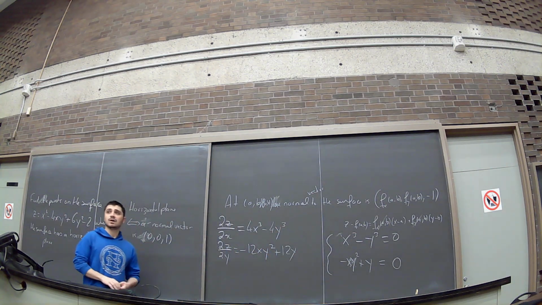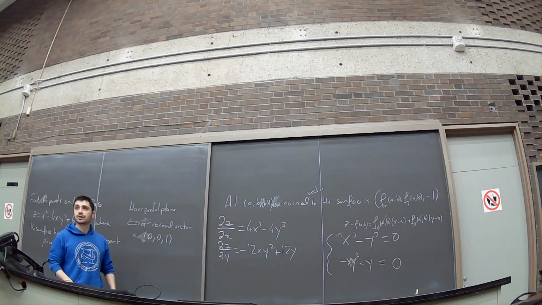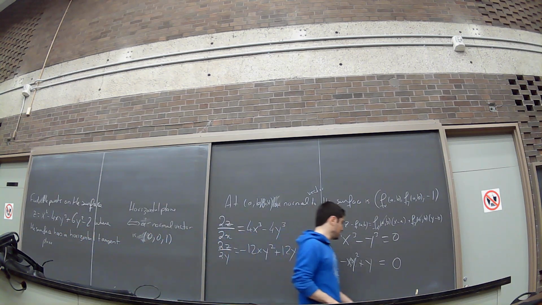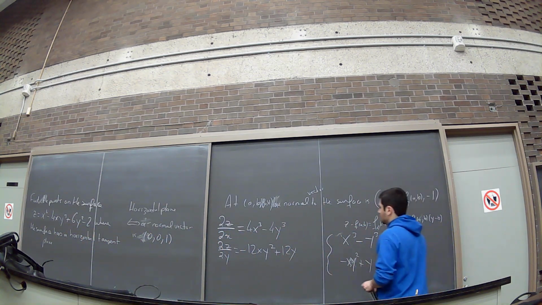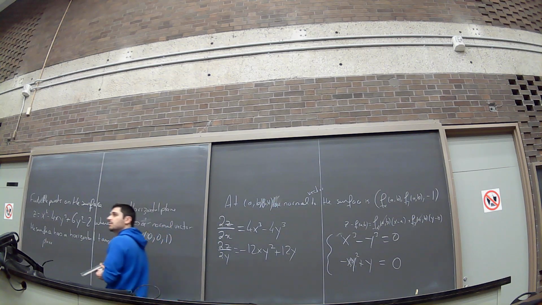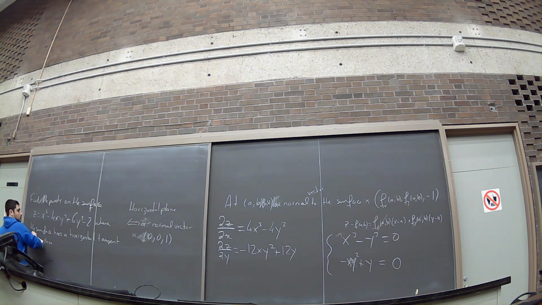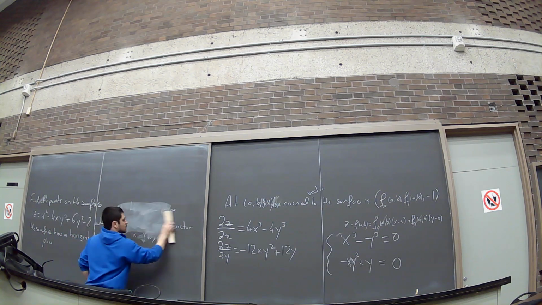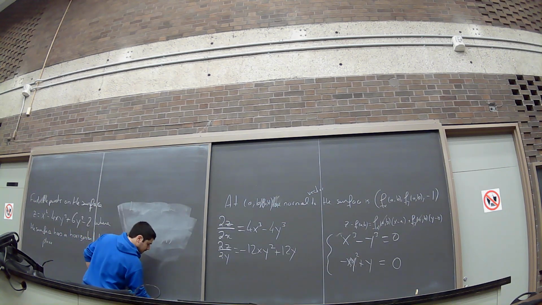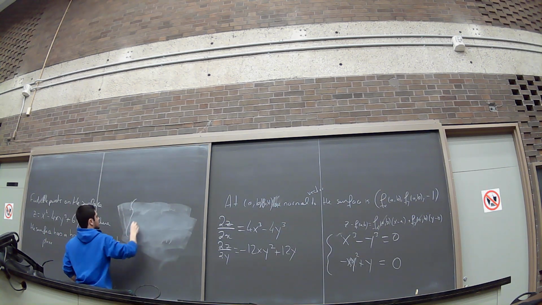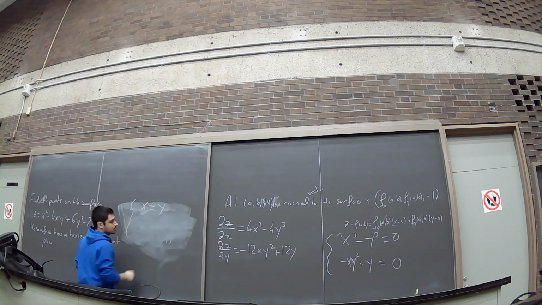Agree or not? I just cancelled 12 and I just cancelled the 4. Good or no? Great. So what does the first one tell me? x cubed is equal to y cubed. What does it imply? That x is equal to y. So the first one tells me that x is equal to y.